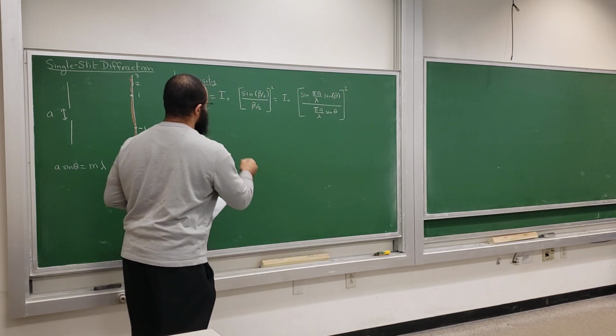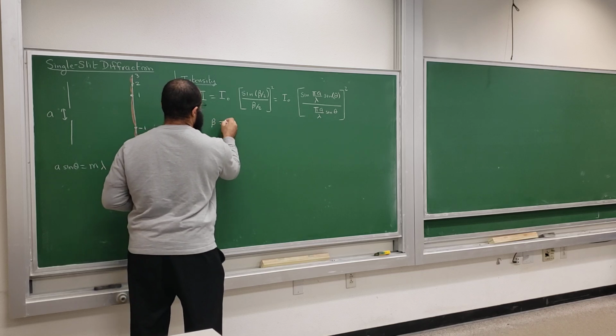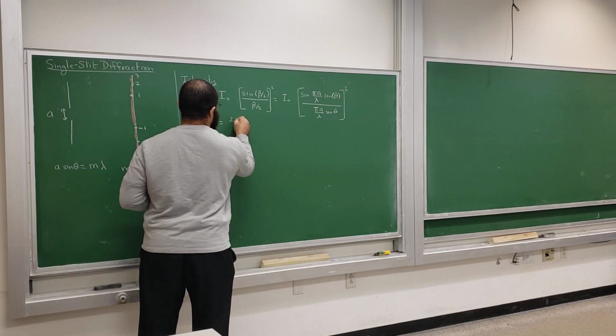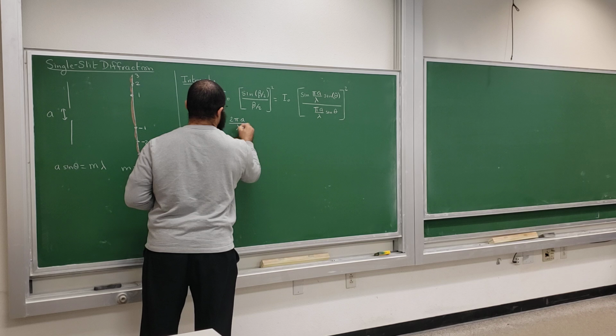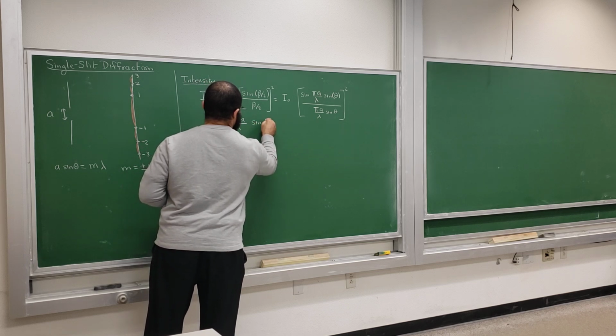Meaning beta was equal to 2 pi A over lambda sine of theta.